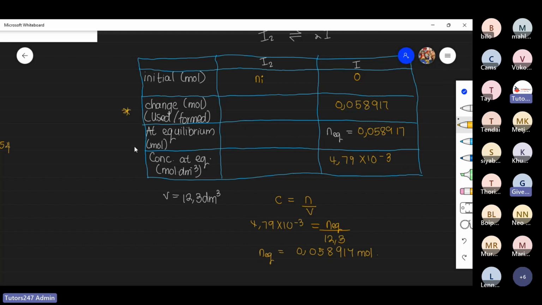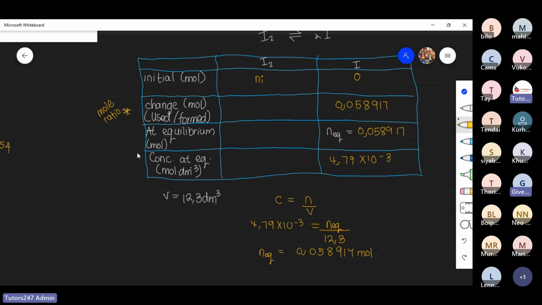You can only do this with change, because keep in mind, change represents your equation, right? Change represents that balanced equation. And when you are dealing with a balanced equation, you can make use of mole ratio. So you can only use mole ratio in your change column. You cannot use mole ratio in at equilibrium or initial, or even concentration at equilibrium. That is incorrect. You can only use it in the change column.